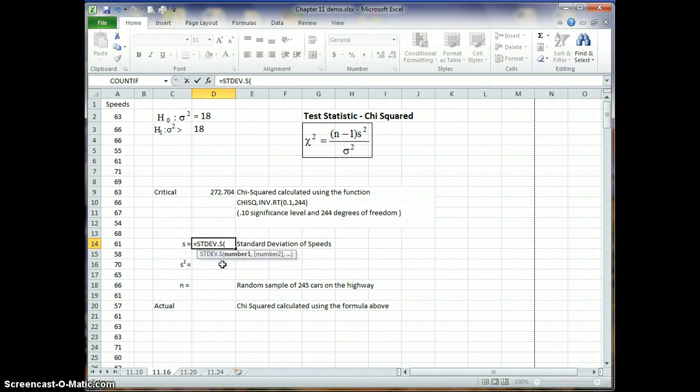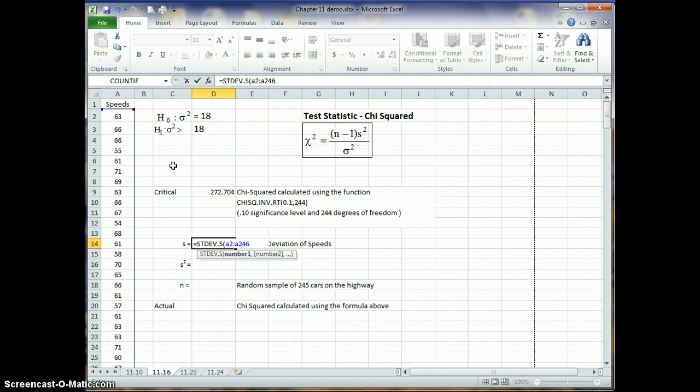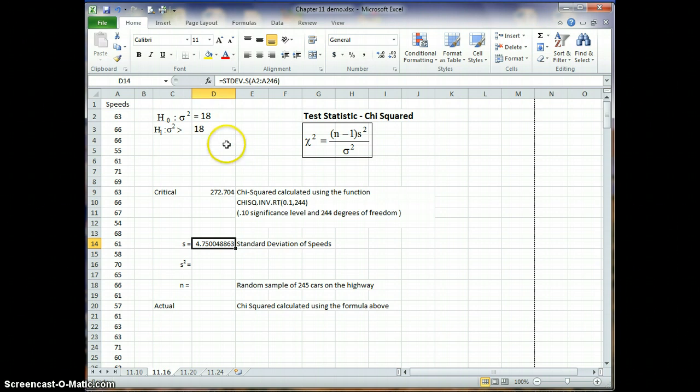So double click there, and the range in this case is going to be A2, and we know there's 245 samples and they go straight down, so it's going to go to A246. And we click the check to enter, and we find out that the standard deviation is 4.75.